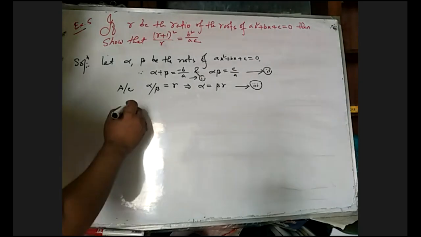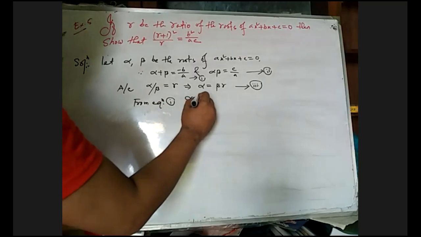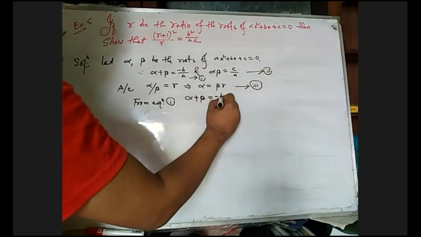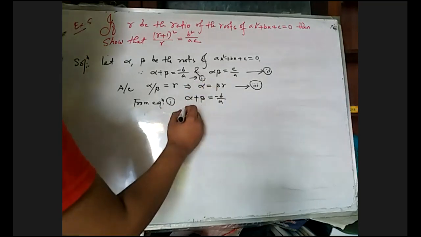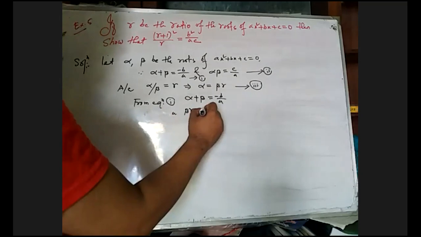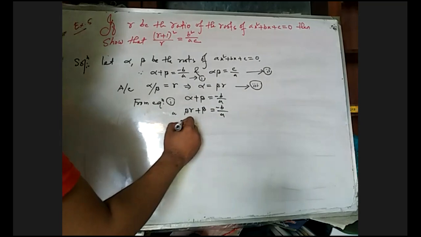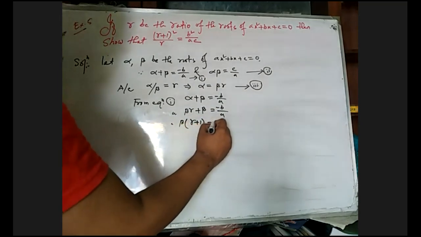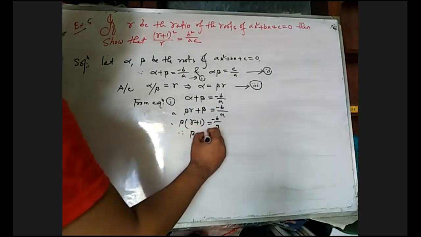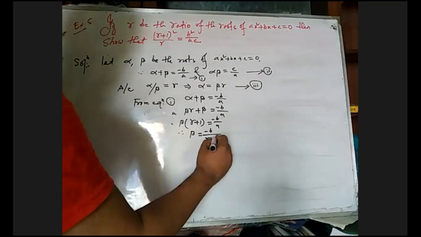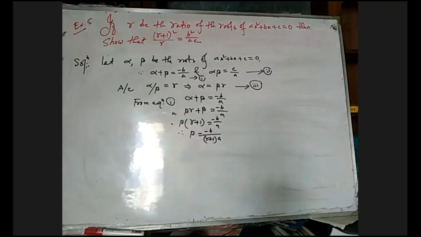So from equation 1, alpha plus beta equals minus b by a. Putting the value of alpha from 3, beta r plus beta equals minus b by a. Just beta will be common, beta into (r plus 1) equals minus b by a. Therefore beta equals minus b divided by (r plus 1) into a.